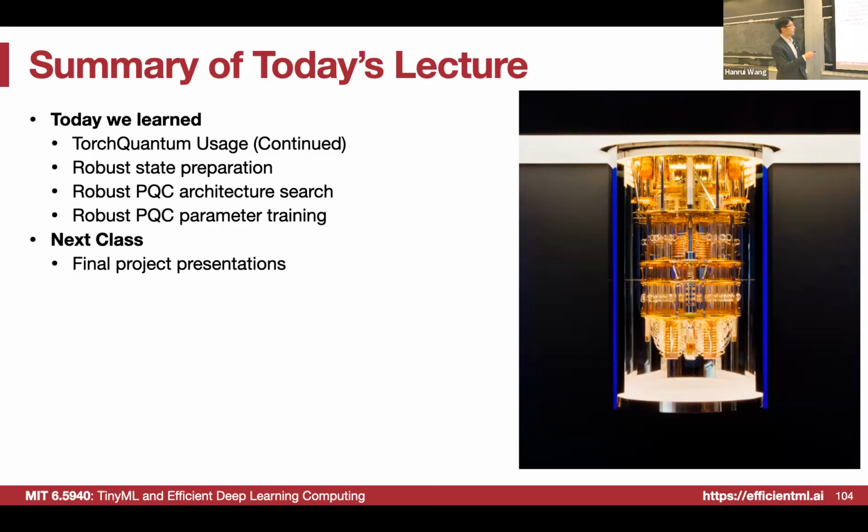And also we have this robust parameter training with post-measurement quantization, the noise injection, as well as the normalization. So I think that's all for noise-robust quantum machine learning. And I hope you enjoyed these QML lectures.